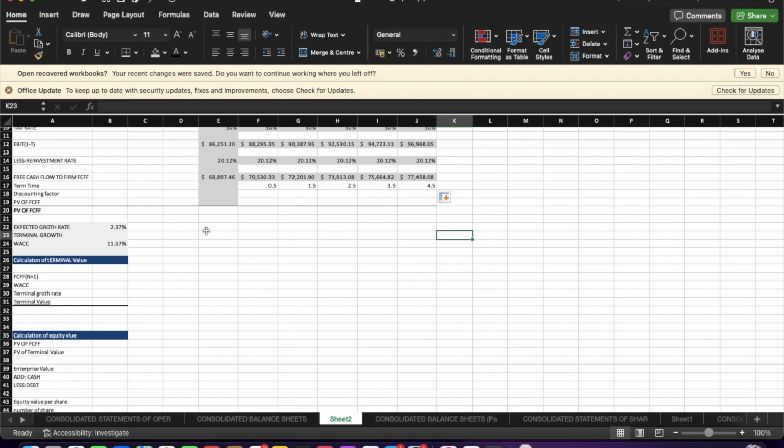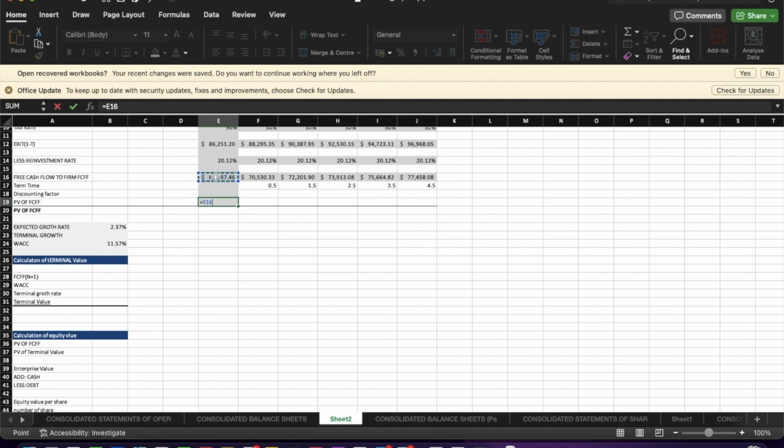And here we are getting the year count like 0.5, 1.5, 2.5, 3.5, 4.5 for the forecasted years, because this is one of the conventional methods to take 0.5 for your discount rate, because not all the cash is collected by the end of the year, and this is the theory behind using 0.5 and then 1.5 as the discounting factor year.